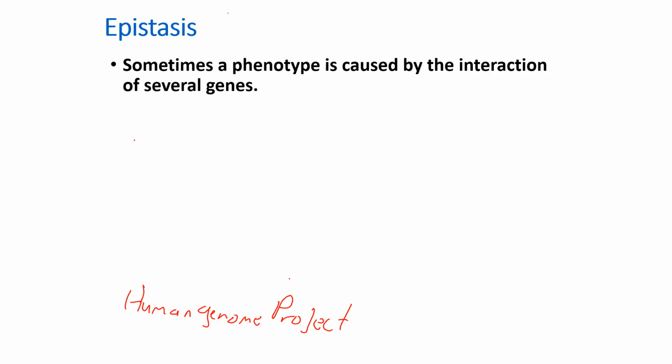Now, when the project began, we assumed human beings had somewhere around 66,000 genes. Why? Because chimpanzees have that.